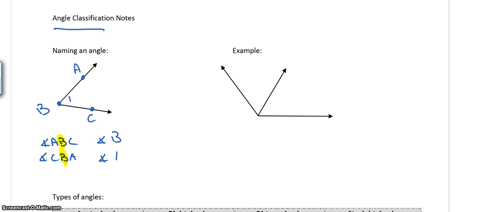Now let's look at this example over here. I'm going to call this A, B, C, D, and I'm going to ask you a question. Can I call this angle A?